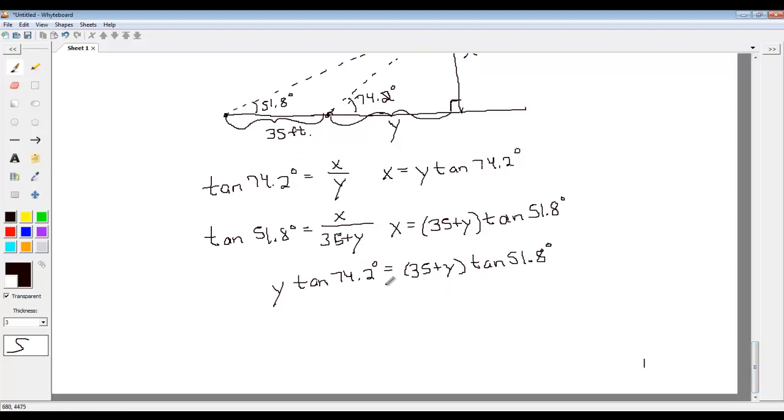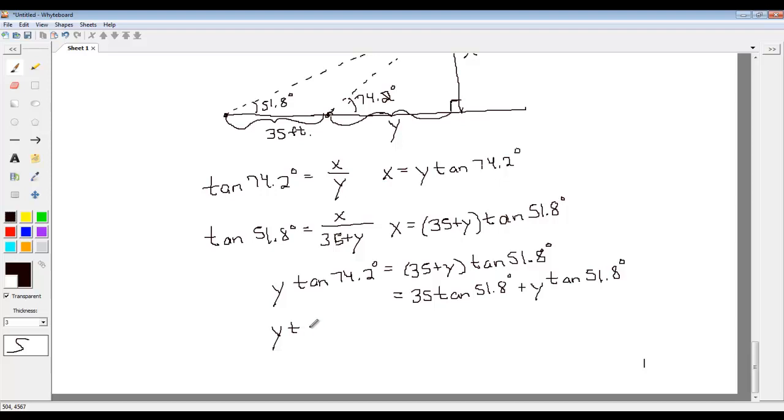All right, so distribute 35 over here. You get 35 times the tan of 51.8 degrees plus y times the tan of 51.8 degrees. Subtract from both sides.